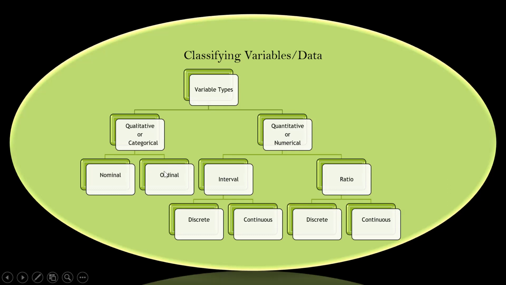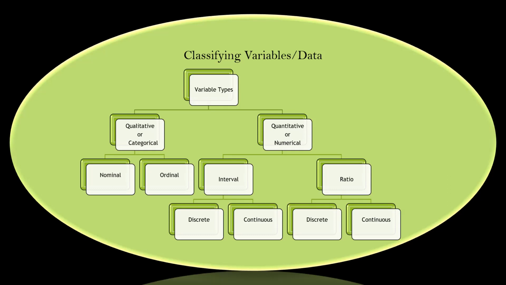For example, the difference between an A and a B letter grade, that's ordinal data, the distance between an A and a B is not always the same. If you had 100, you would have an A. If you had a 79.5, that would be a B. In that case, you have over 20 points separating the A and the B.